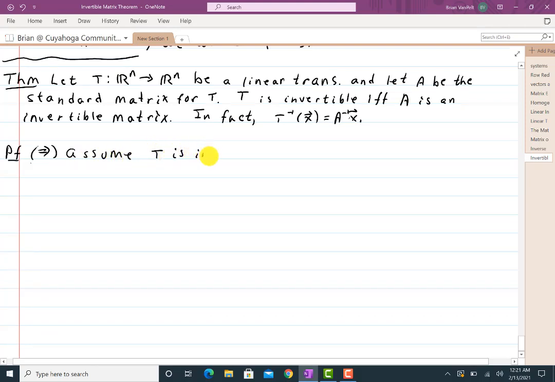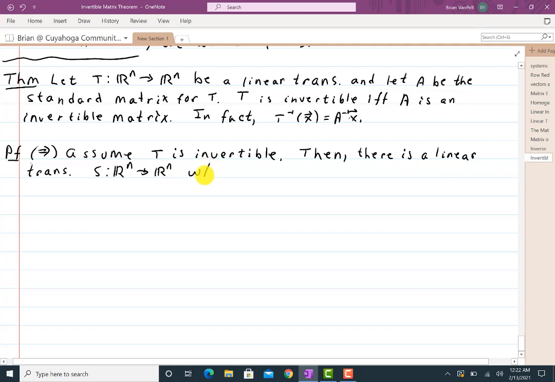T is invertible. Then there is a linear transformation S from Rn into Rn with T circle S of x equal to x for all x in Rn.